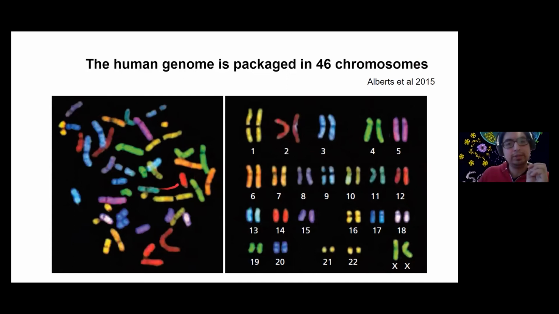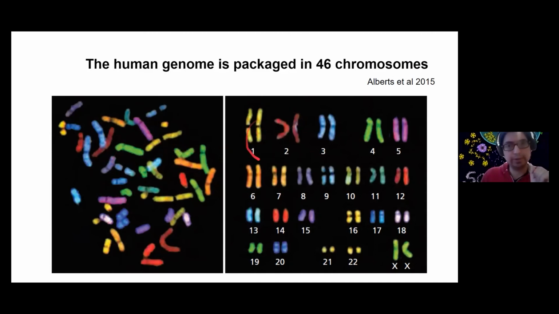Here, this picture is colorful because it's using a method called FISH, which is fluorescence in situ hybridization. With this technique, you can actually take all the chromosomes inside a cell and then use a fluorescent probe that has complementary regions to each chromosome, and they have different fluorophores. So it's a way to visualize the chromosomes, knowing the sequences that are specific for each of them.